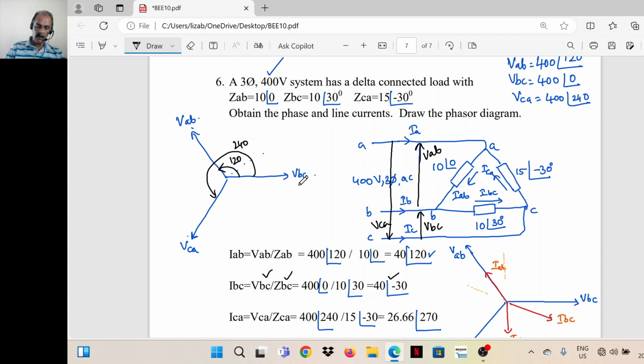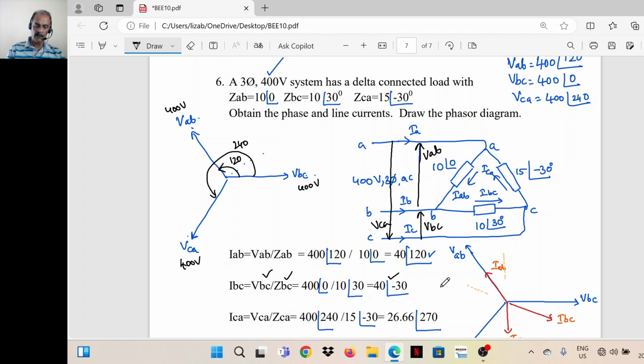So all are 400 volt. VCA is 400 angle 240 divided by ZCA, which is 15 angle minus 30. Dividing, you get 26.66 angle 270. So these are the phase currents.